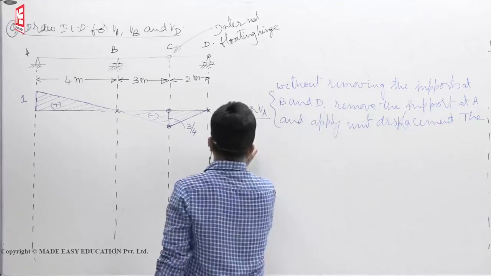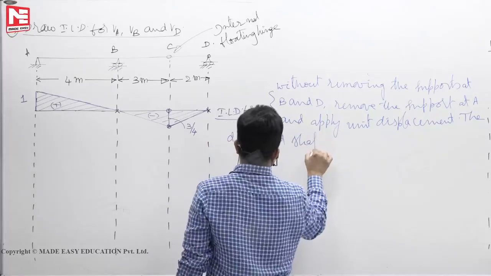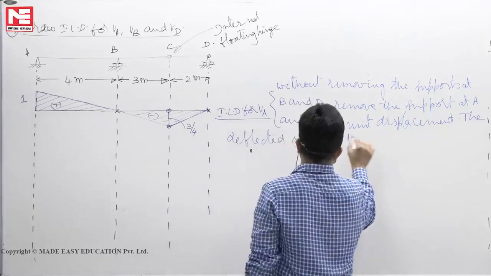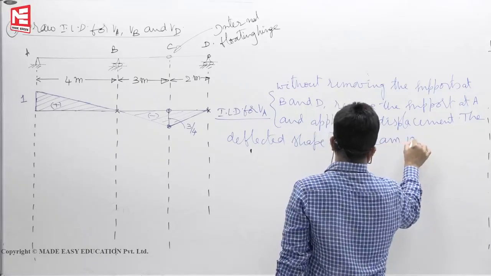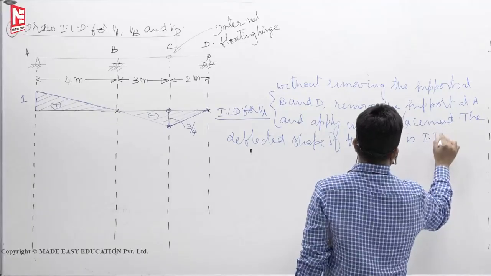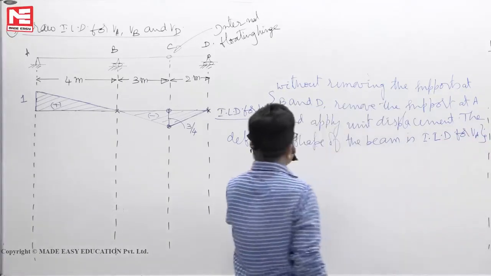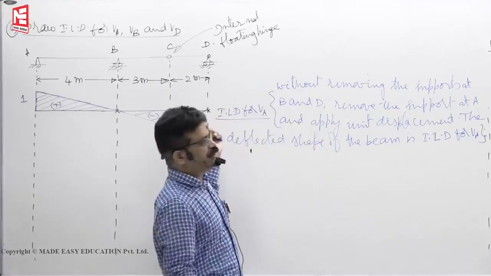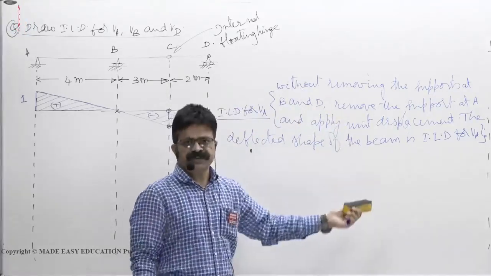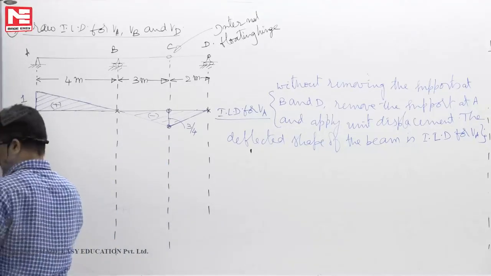The deflected shape of the beam is the ILD for VA. So that at later stages if you get doubt how we have drawn, you read this one, you will know how we have drawn. Now what is the implication of this one?